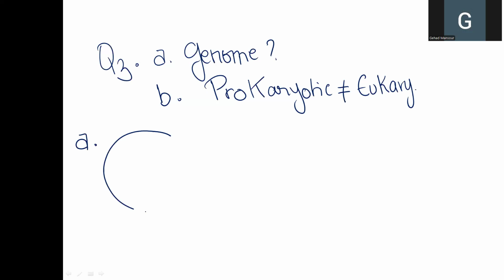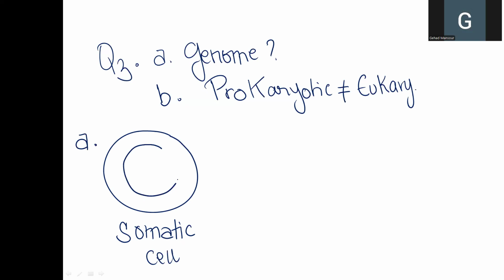So first of all, what is a genome? It has to be a somatic cell, because a gamete would contain half the number of chromosomes. So in a human cell, for example, in man, it should contain the full set of chromosomes, which is, in case of human beings, 2 times 23, which is 46 chromosomes.